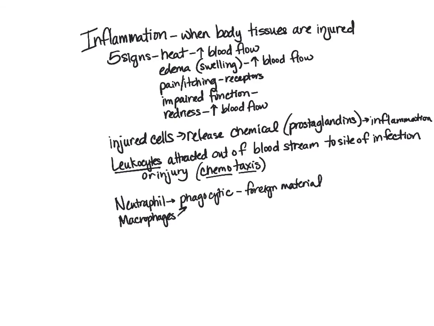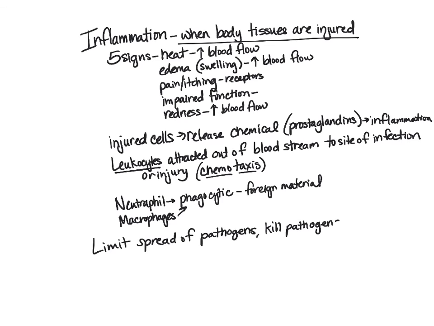So then the whole point of inflammation, right? So when our body tissues are injured, we go through this process of inflammation. And then this is going to limit the spread of the pathogens. Also, it's going to kill the pathogens.